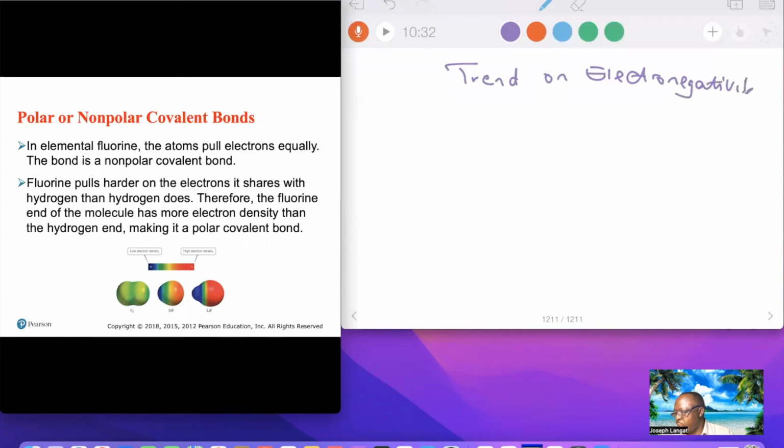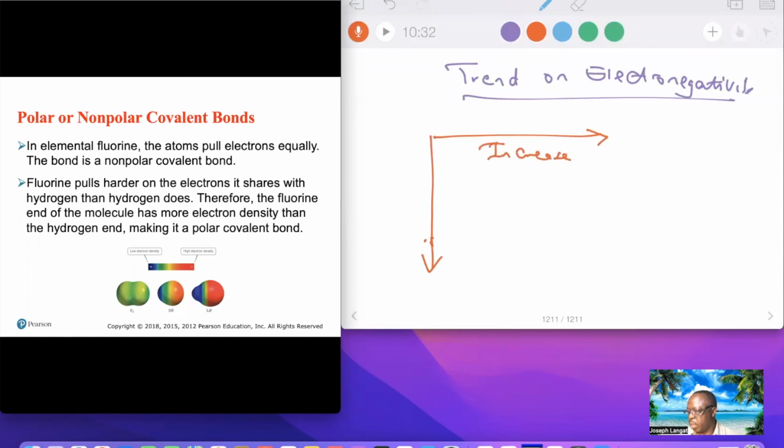As you go across the periodic table, electronegativity increases. This is the periodic table.